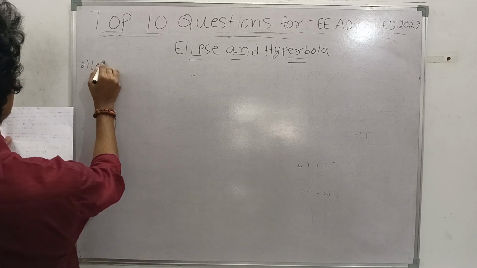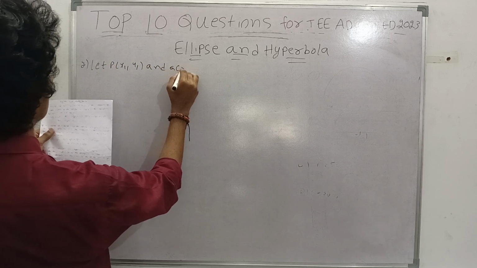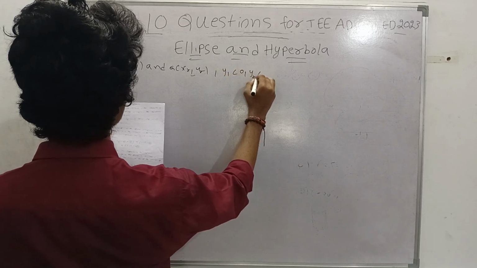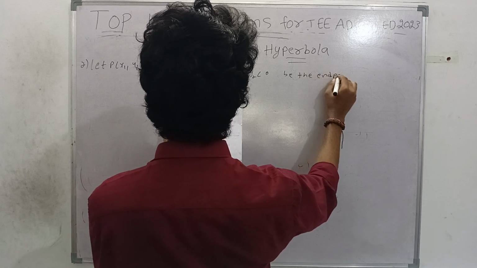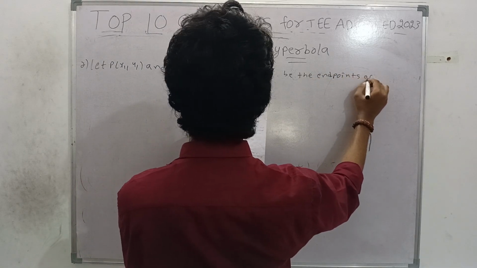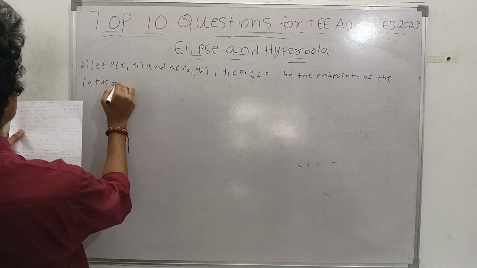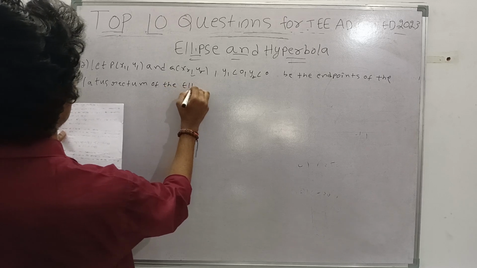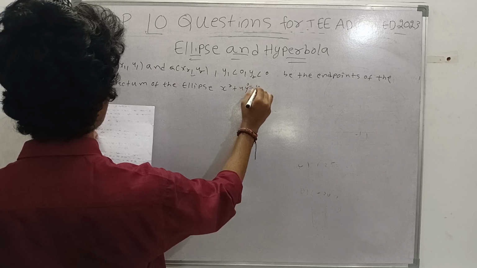Now the second question: let P (x1, y1) and Q (x2, y2), and it is given y1 less than 0 and y2 less than 0, be the endpoints of the latus rectum of the ellipse x square plus 4y square equal to 4.